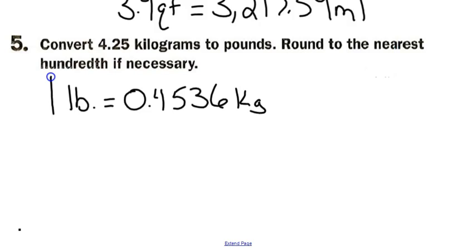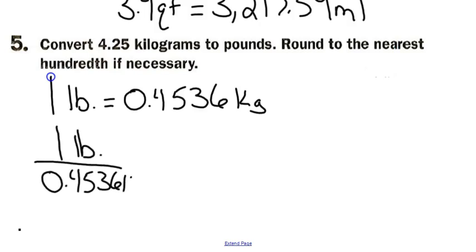All right, so here's what I'm going to do. I'm going to show you a different way to do this. I'm going to show you how to use a proportion to do this. Now proportion's nice because you can set it up like this any single time. So if we know that 1 pound is equal to 0.4536 kilograms, I can set it up to an equivalent comparison, where I know that I have 4.25 kilograms.